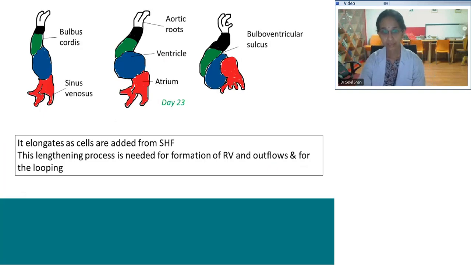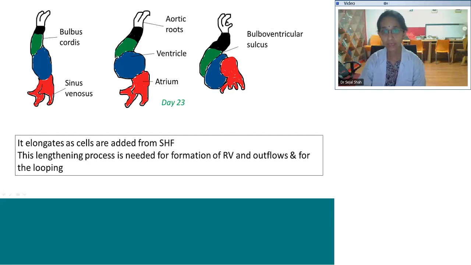Now, as it elongates, cells are added from the secondary heart field, and this causes the lengthening of the outflow tracts. Here you can see the bulbus cordis is the one in green color, and the blue is the ventricle.